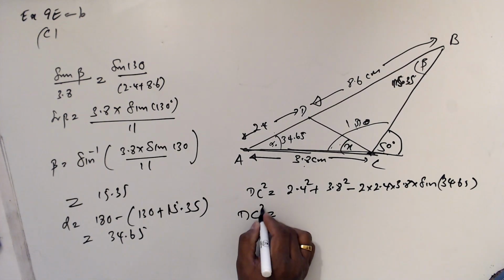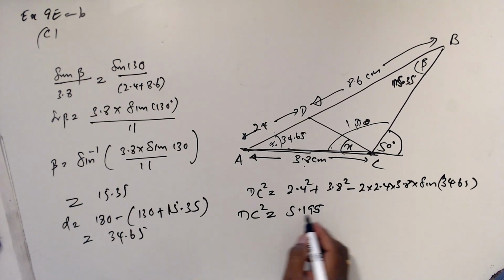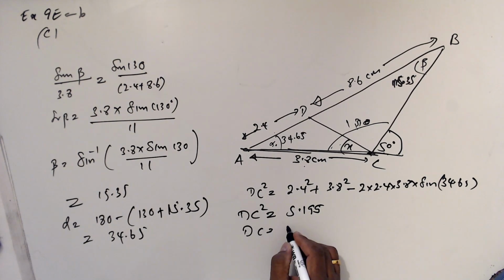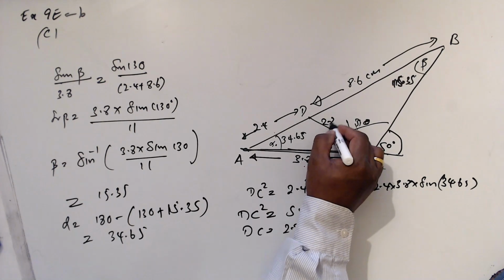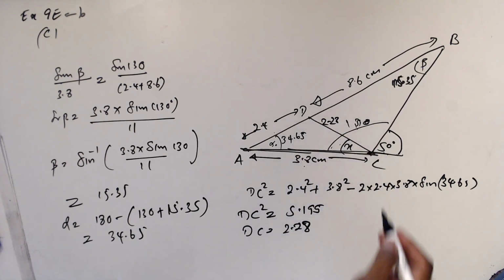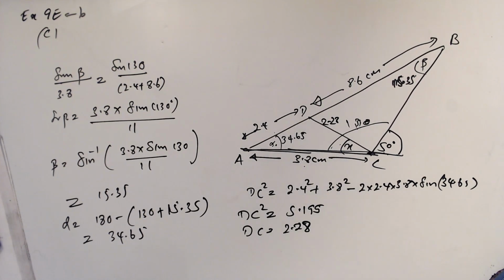So DC square equals 5.195 and DC equals 2.28 approximately. So this one, DC, is 2.28.